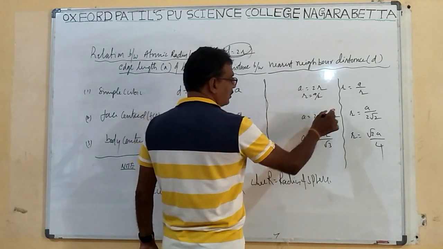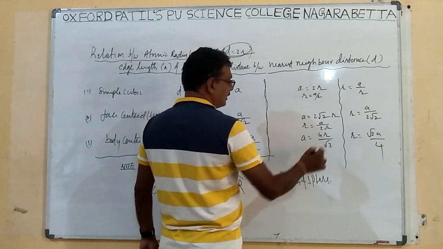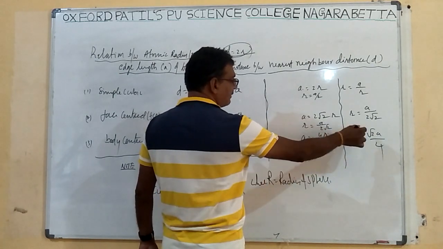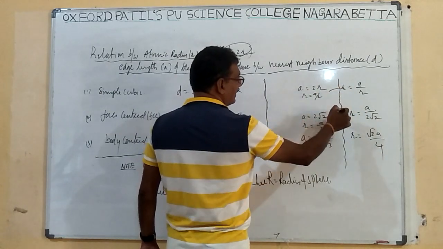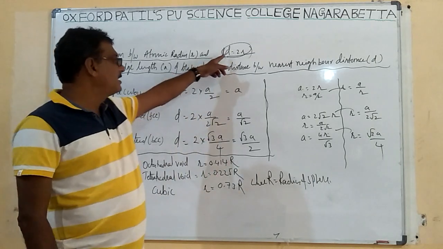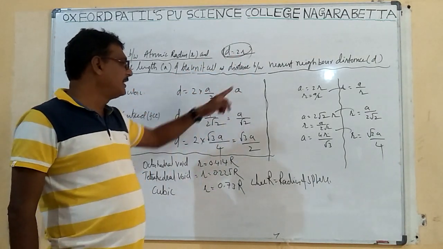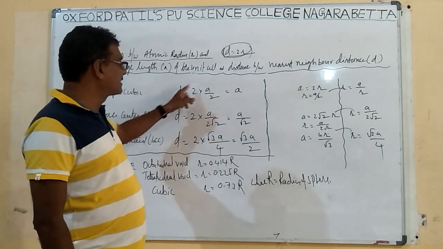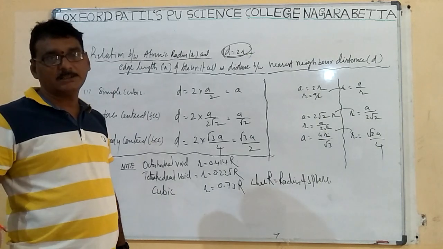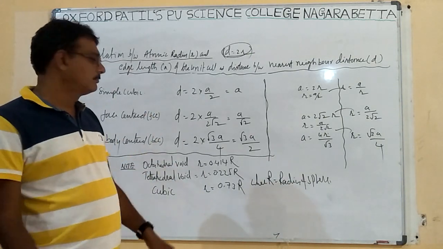Here a is equal to 2 root 2r, so r is equal to a by 2 root 2. Here r is equal to square root of 3a by 4. Now these are the relations. That's why d is equal to 2r, 2 into a by 2, that is equal to a. Neighboring distance is equal to edge length for a simple cube. Edge length and neighboring distance are both the same in a simple cube.